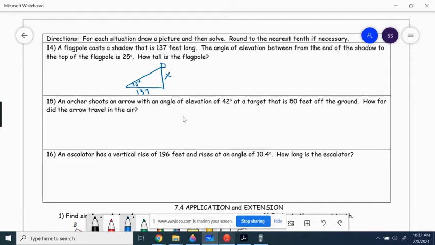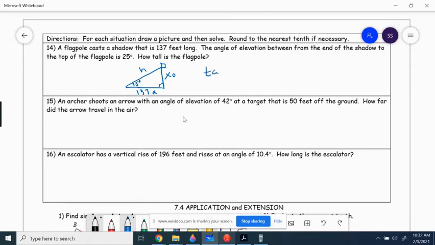I guess we'll do this one fully. So this is the angle that I'm comparing. The right angle is going to be created with the ground and the flagpole. So this will be the hypotenuse. 137 will be our adjacent side, and what we need to solve for is our opposite side. So it looks like we're going to use tangent because we have opposite over adjacent.